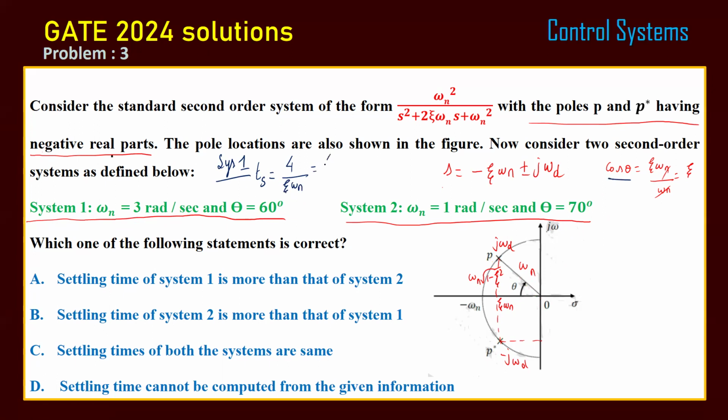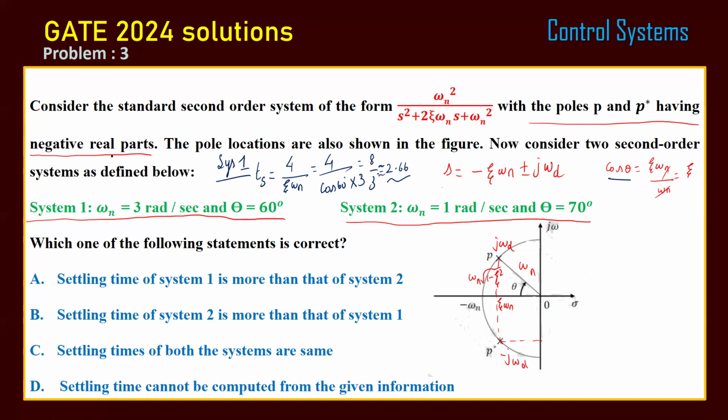So, 4 by cos theta into omega n. Here cos 60 into omega n is 3. Cos 60 is 0.5, 1 by 2. So, that will become 8 by 3, which is approximately equal to 2.66.